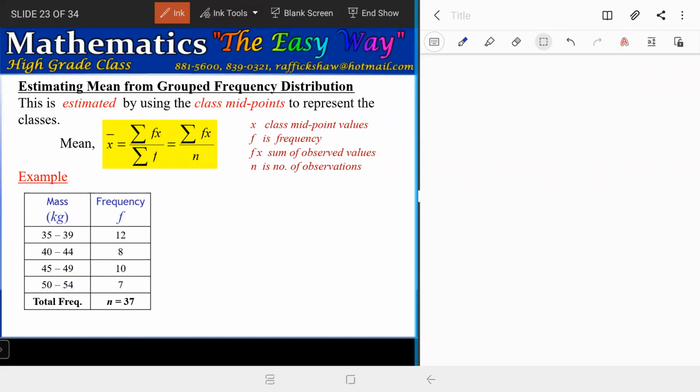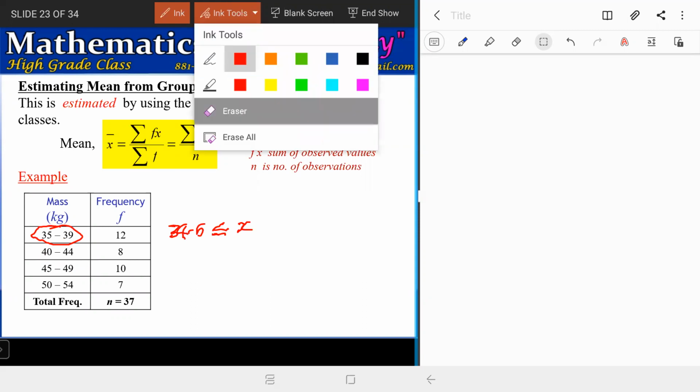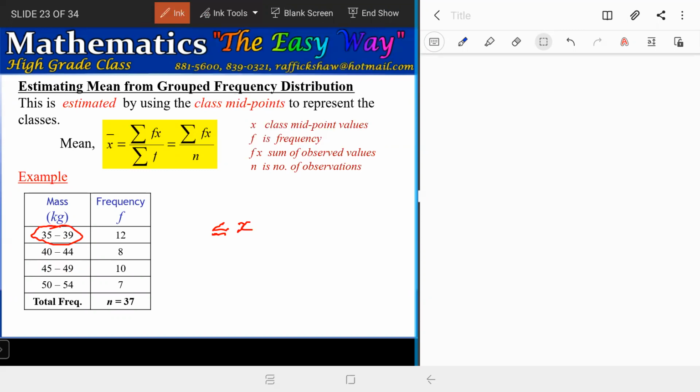But note also that this group can take any mass. Let's put X as a mass for now. Any ball that measures 34.5, up to less than 39.5, can fit into this group.